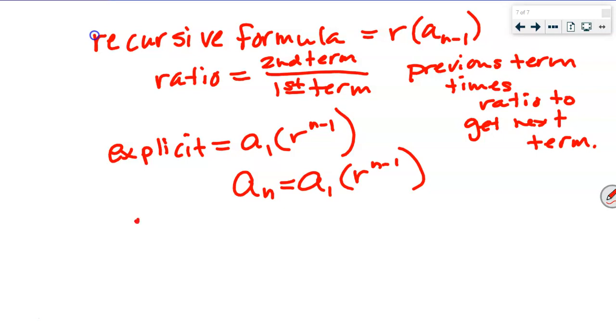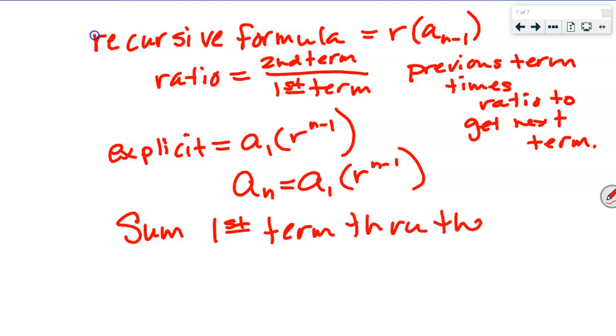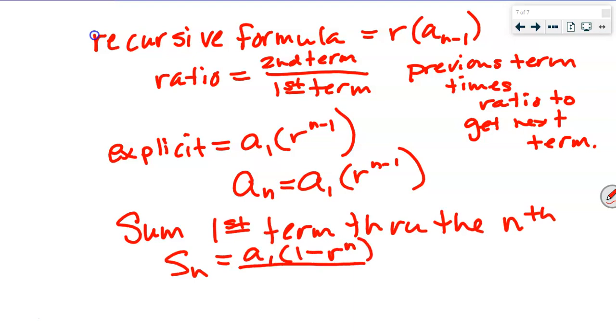Now, when it's talking about the sum, it's talking about the sum of the first term through the nth term. So that looks like this. S of n is equal to A1 times 1 minus our ratio to the nth power this time, and then divide that by 1 minus r.